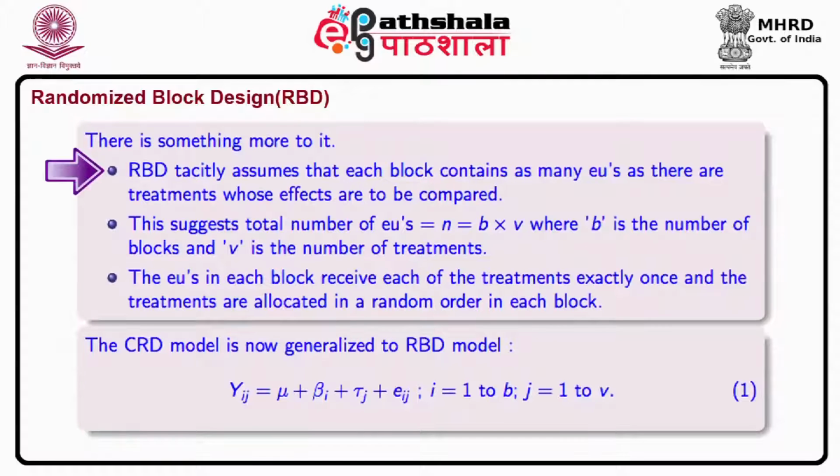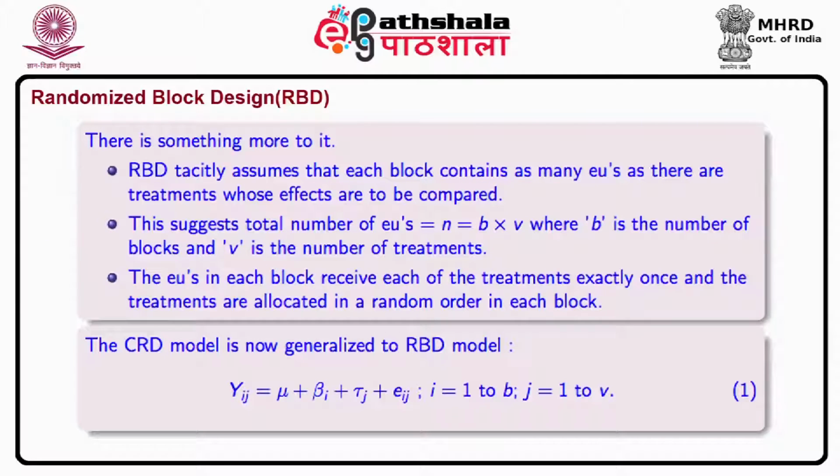RBD tacitly assumes that each block contains as many experimental units as there are treatments whose effects are to be compared. This suggests the total number of experimental units to be n equal to b times v, where b is the number of blocks and v is the number of treatments.